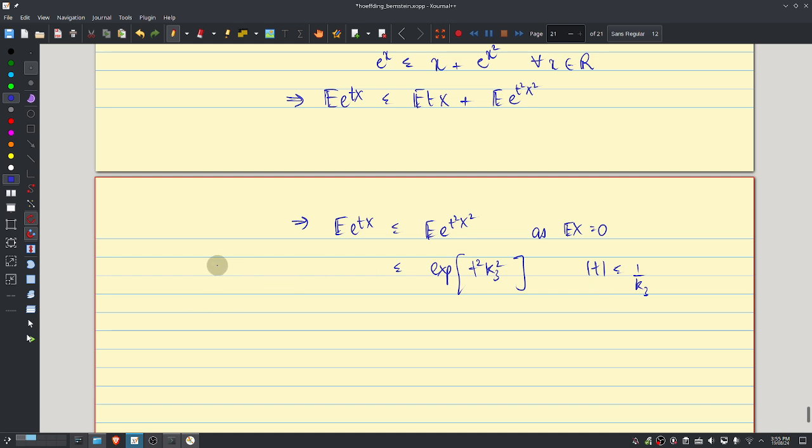Now what if mod t is larger? Again we'll just use a different bound. I claim that 2tx is, okay, let me pose it to you.